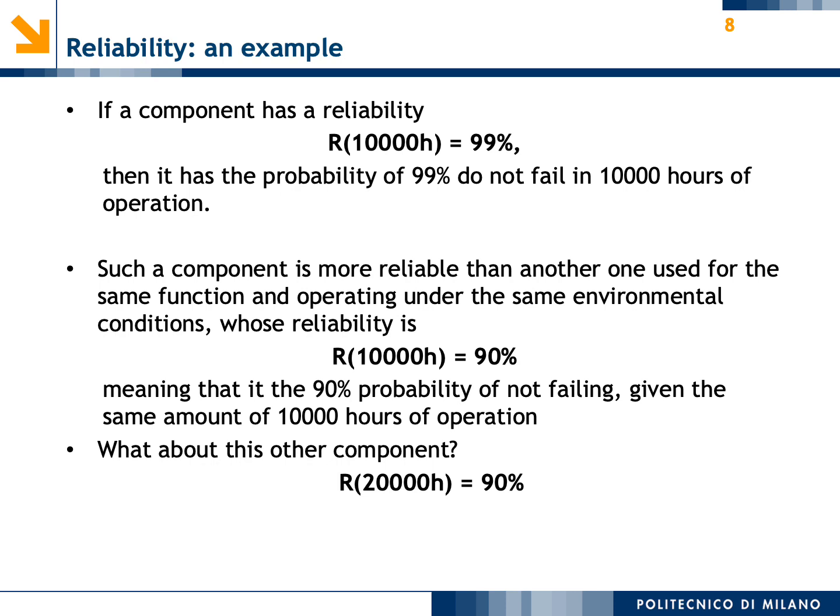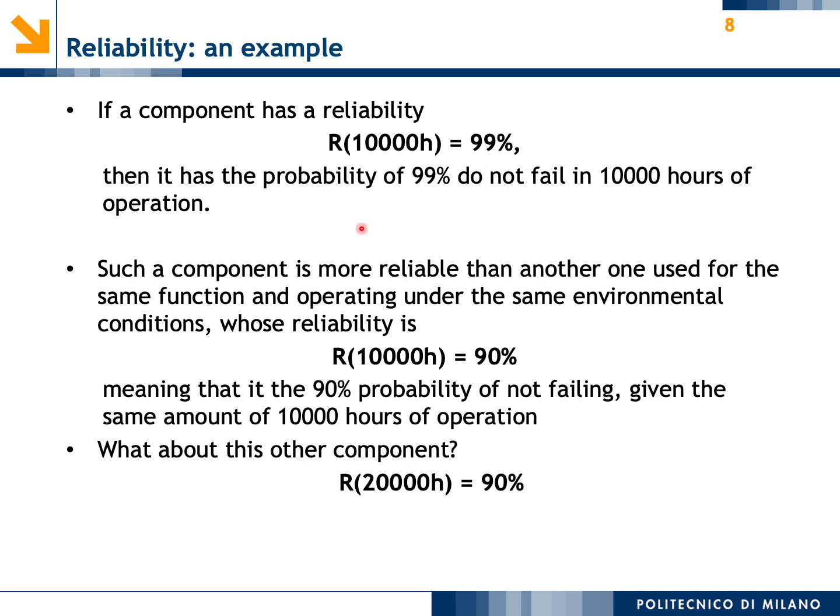Let us have a simple example considering a component with reliability 99% when t is equal to 10,000 hours. It means that the probability that the component does not fail in the first 10,000 hours is 0.99.